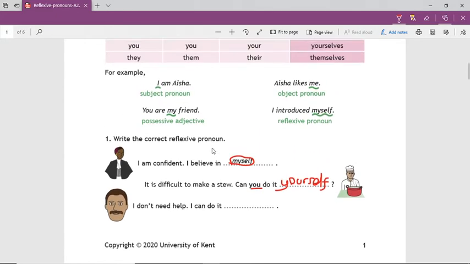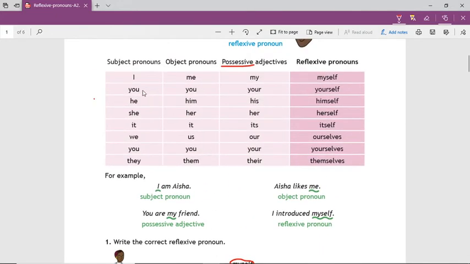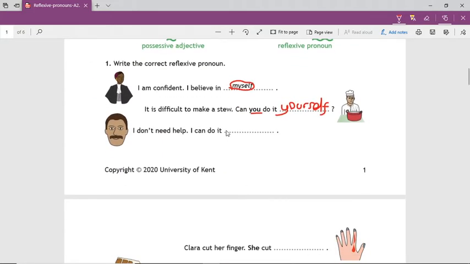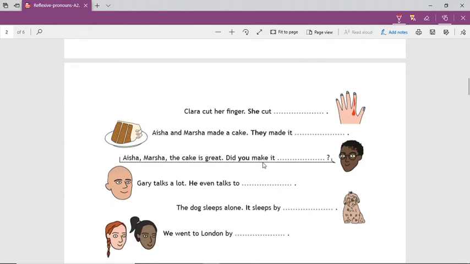I don't need help. I can do it. So if we're talking about I, remember myself, so this becomes myself here. Fantastic. Clara cut her finger.